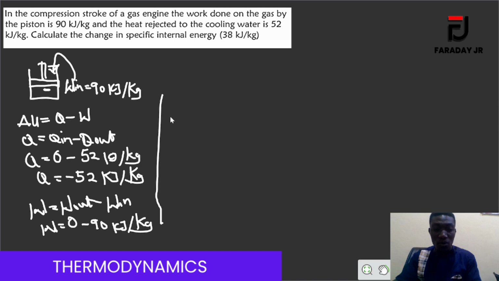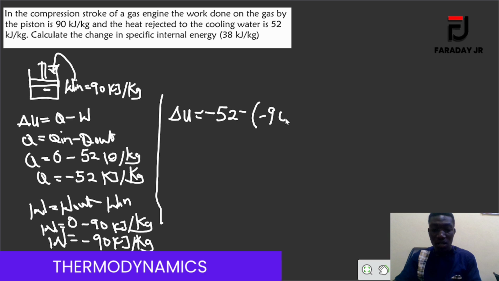So now we know that our change in U is equal to Q, which is negative 52 kilojoules per kg, minus the work, which is negative 90 kilojoules per kg.